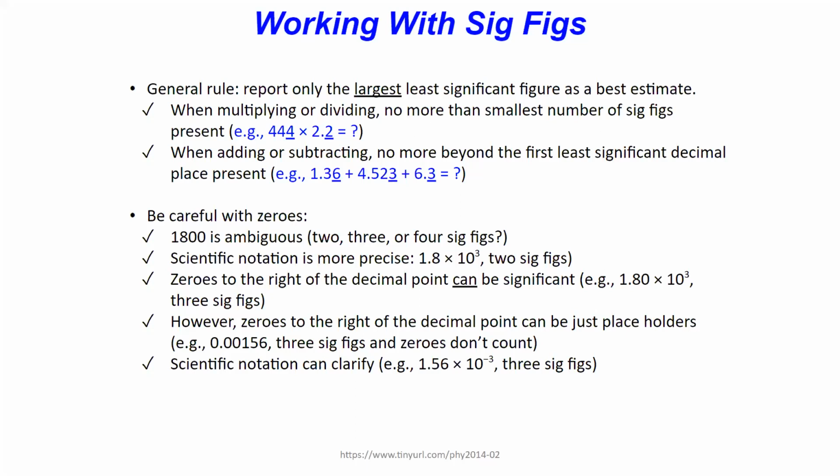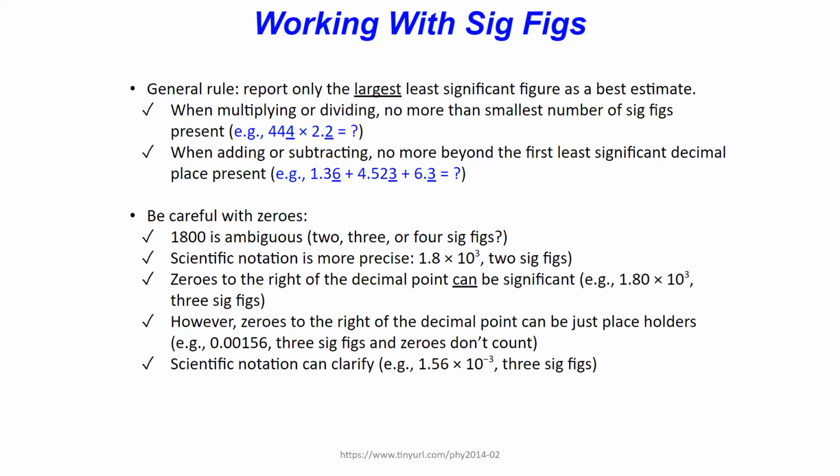Now, on this one here, if you see trailing zeros, this is ambiguous, because we are not sure if it's intended as 1.800 times 10 to the 3, or 1.80 times 10 to the 3, or 1.8. It could mean these two are significant, or 3 or 4, all of them are significant.